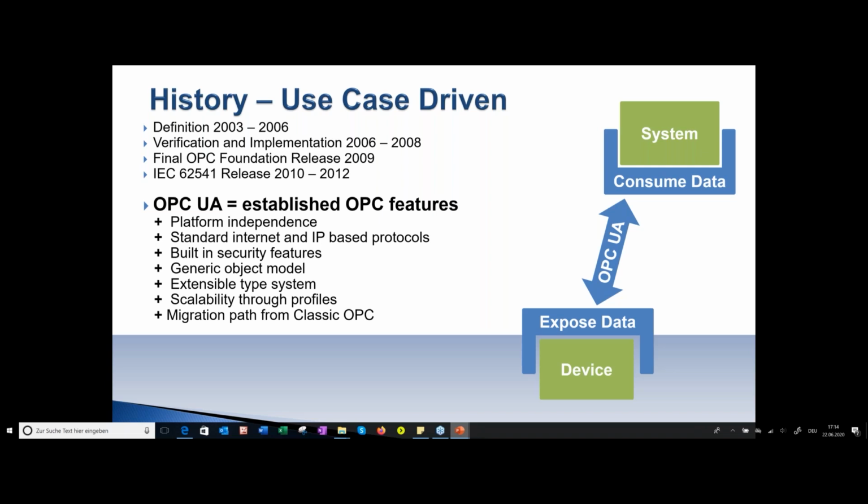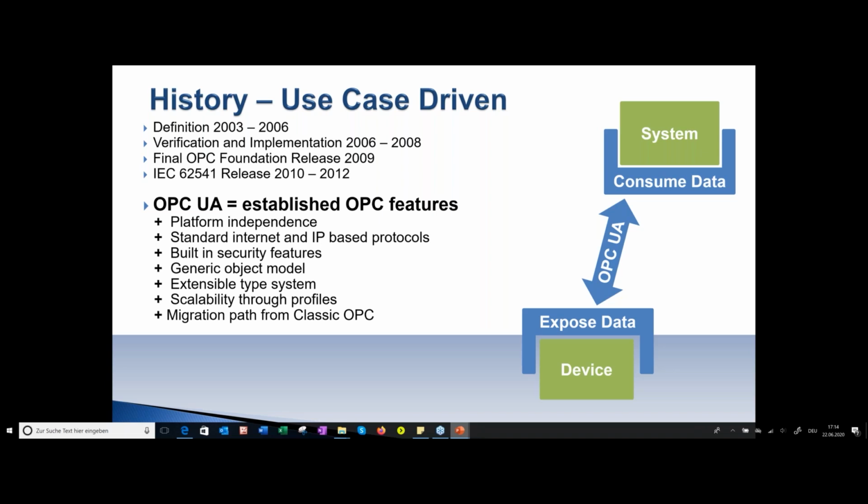We will talk in more detail about the functionalities after this presentation, but here you see the main capabilities built in by design. It's using standard Ethernet and IP-based protocols below. Security is baked in by design.